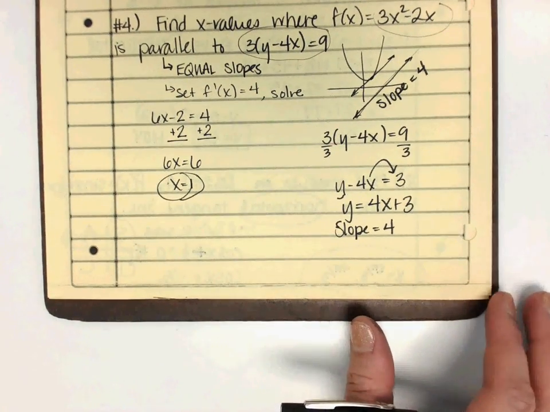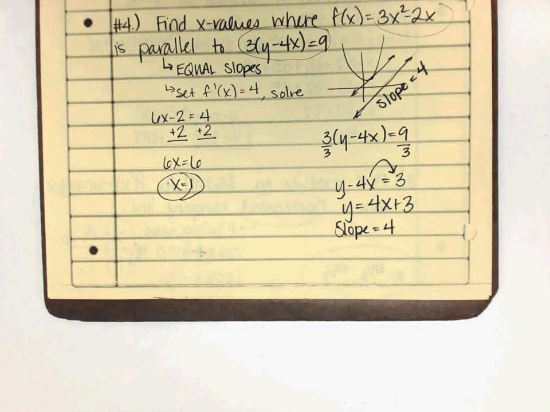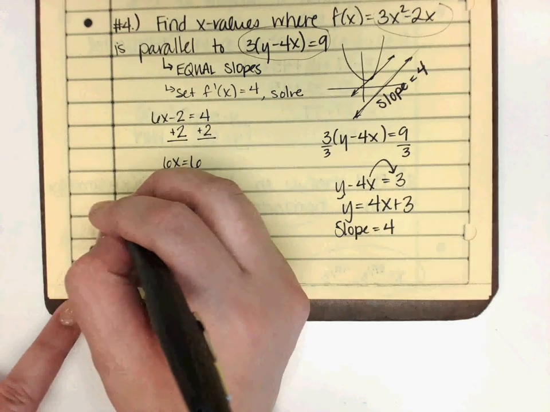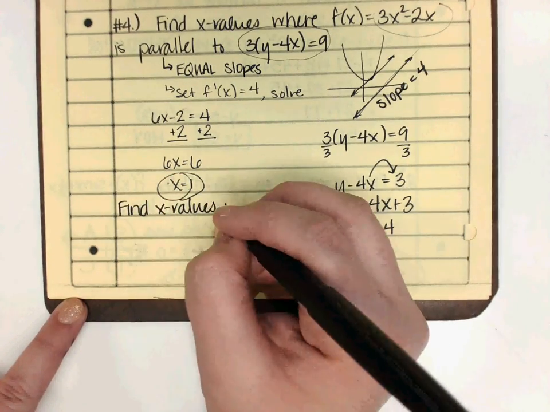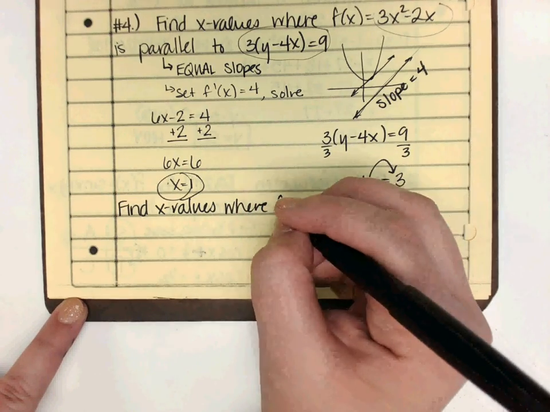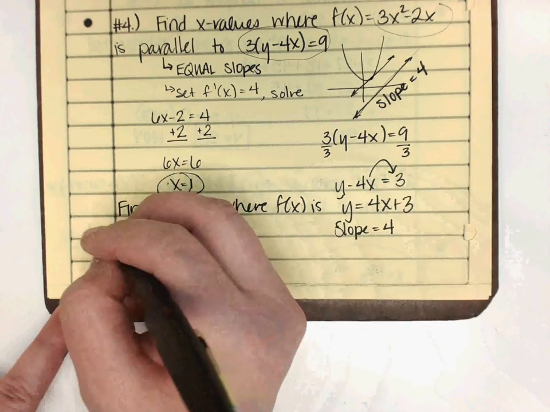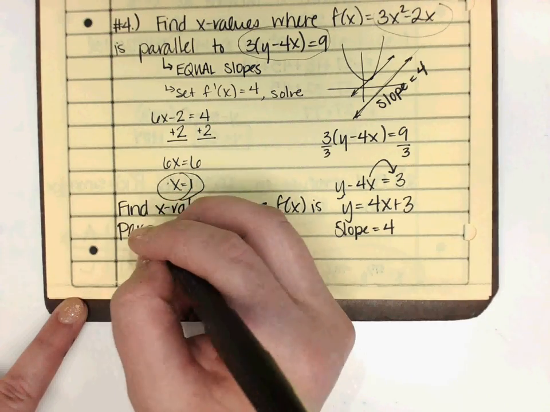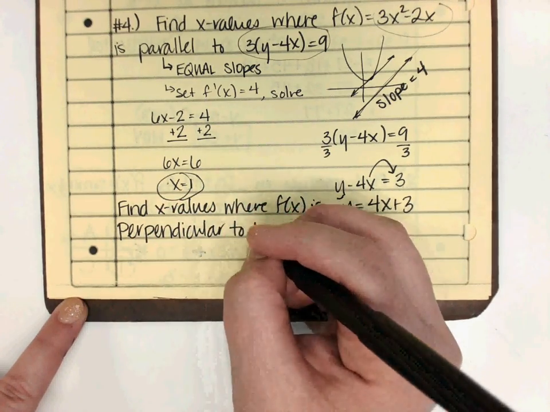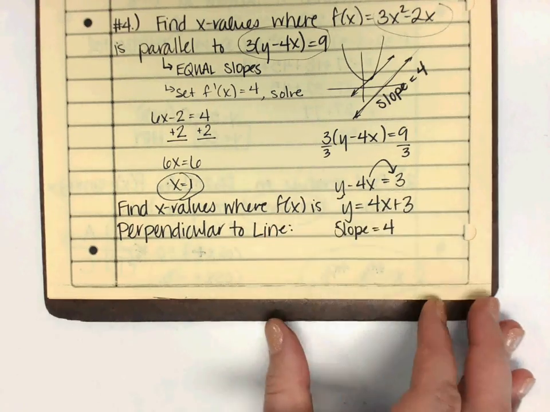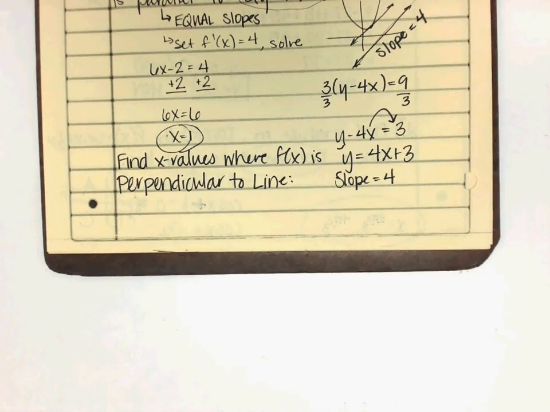Okay, now, let's change up the instructions, same two equations, but now I want to find x values where f of x is perpendicular to the line. You take the reciprocal. Good. So same exact two equations, but now I want to be perpendicular. My original slope was 4.